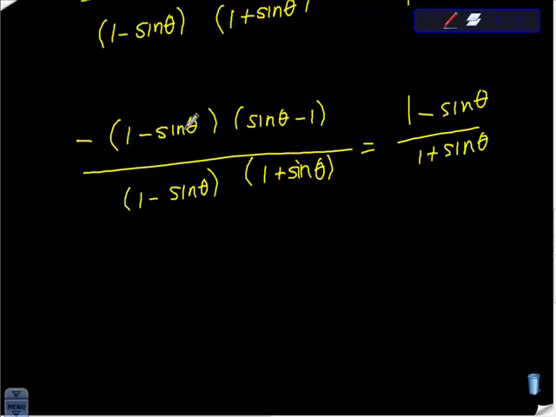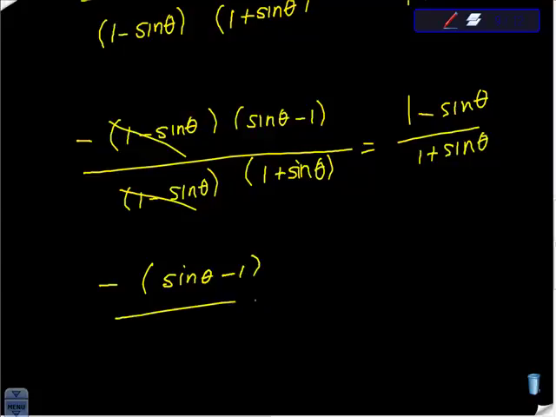So look, this 1 minus sine theta and this one cross each other out, right? We have this negative sign here, don't we? We have sine theta minus 1. Well, look what happens here. We have 1 plus sine theta at the bottom. Oh my God, it's going to work. This 1 plus sine theta is this one. That worked out.